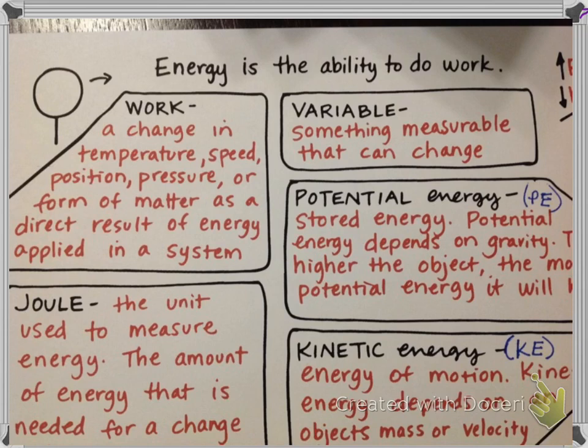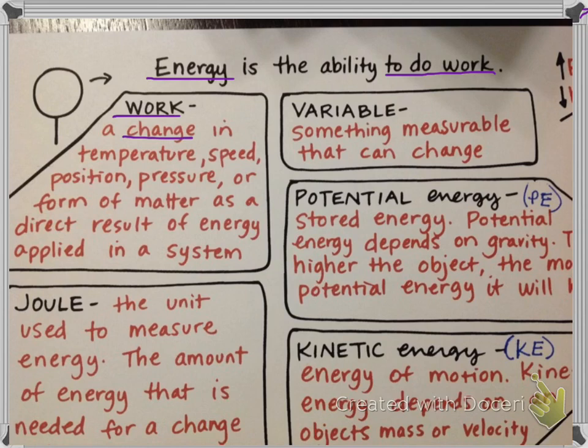Okay, so energy, we talk about energy a lot, but energy is actually the ability to do work, to do some kind of work. Well, what is work then? Well, we have a science definition for work. It is a change in temperature, speed, position, pressure, or form of matter as a direct result of energy applied in a system.